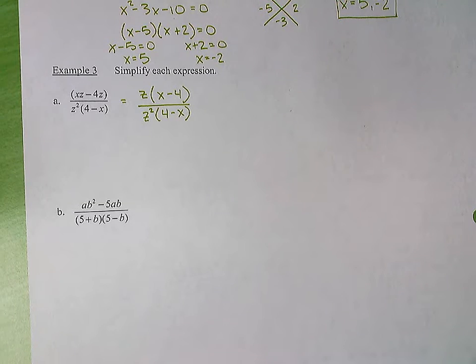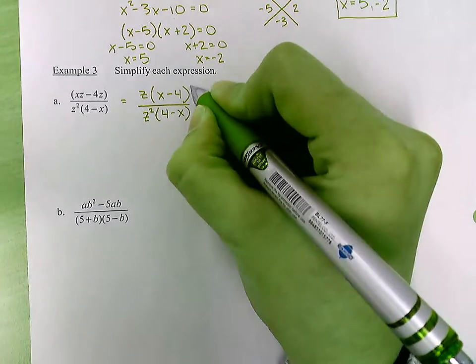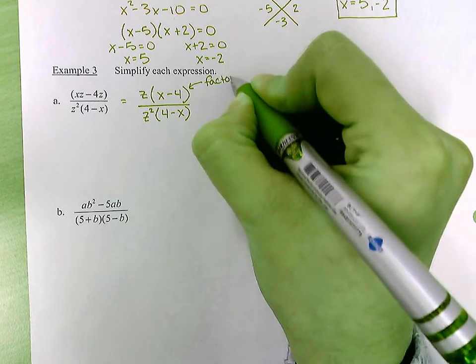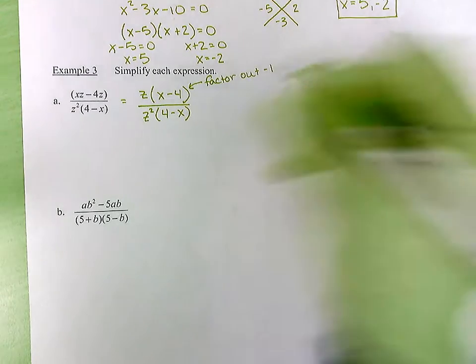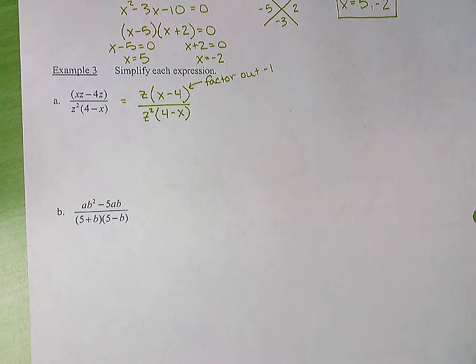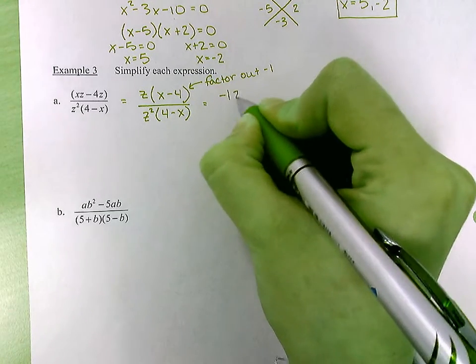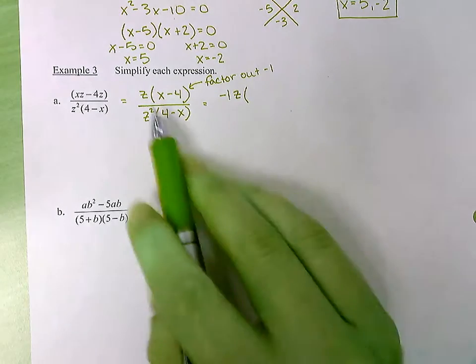So what we're going to do is in this numerator here, we're going to factor out a negative 1. So if I take out a negative 1, I have negative 1 times z.